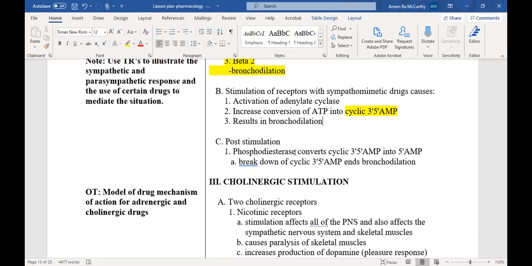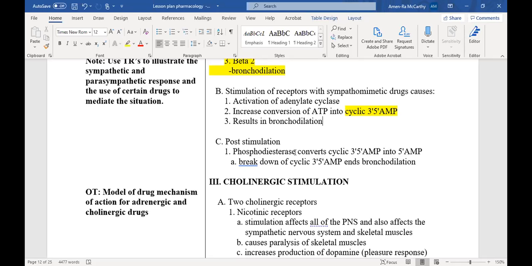Now, I will tell you this. Some doctors don't even want phosphodiesterase to come on deck, right? Because I got bronchodilation. So tell me this, guys, in the chat. Once I have achieved bronchodilation with a massive amount of 3,5-AMP, what is something I can do to prolong that?